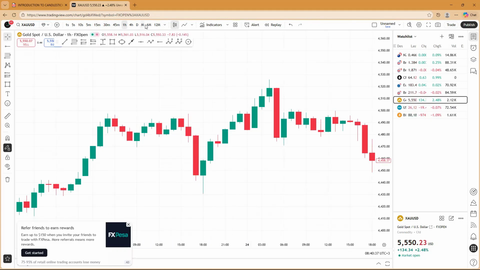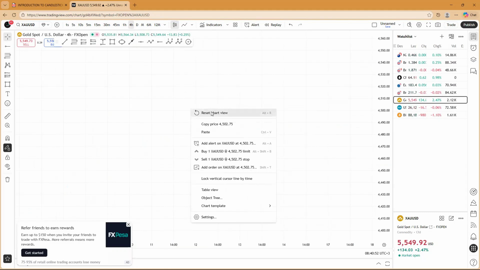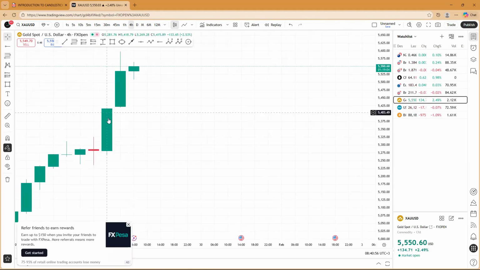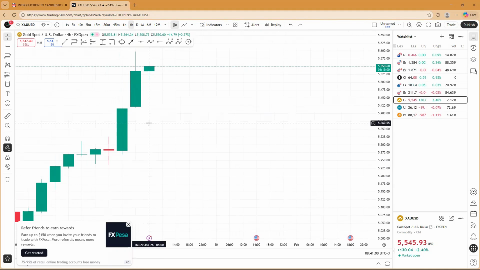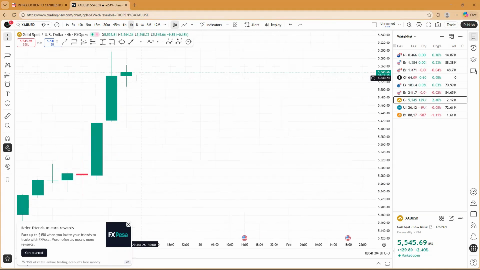So this is our time frame on top here. It just tells us a story. If you go to the 1 hour time frame, this candle opens and closes after 1 hour. If you go to the 4 hour time frame, this candle here represents the 4 hour. It opens and closes exactly after 4 hours. So let's just mark it.